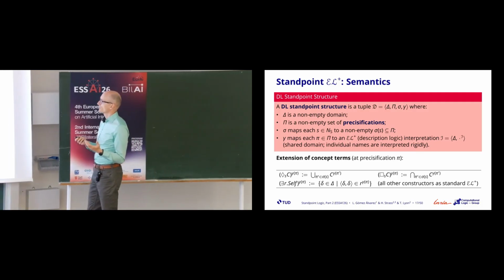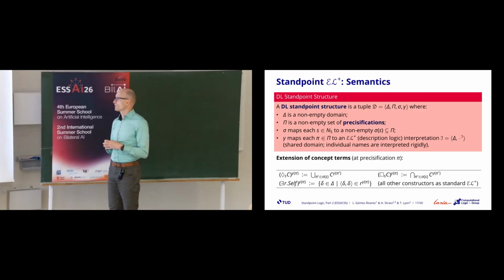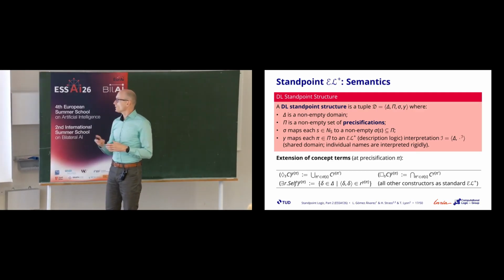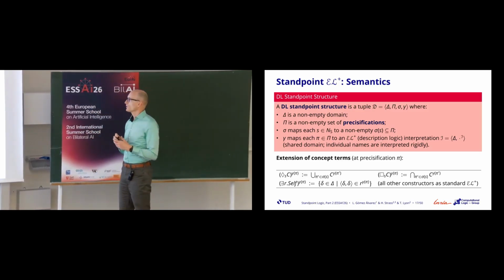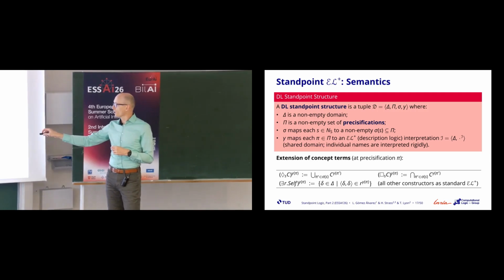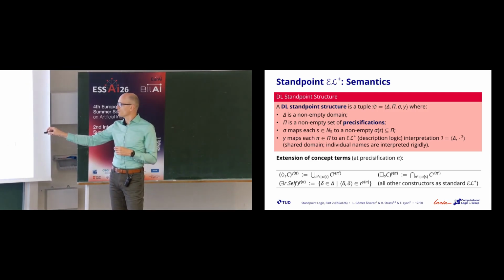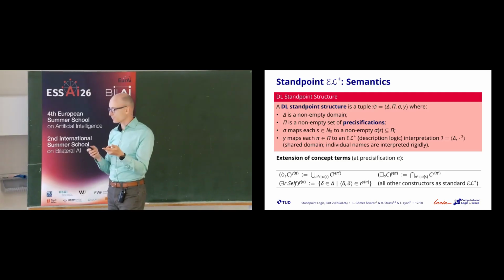So conjunction is interpreted as intersection of concept extensions and so on. So we only have to give the remaining definitions. In particular, what we have to give is how we interpret standpoint modalities occurring within concept descriptions.